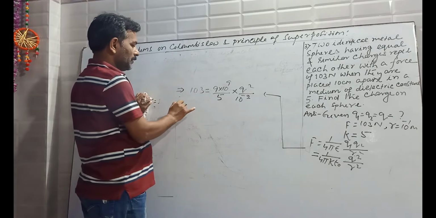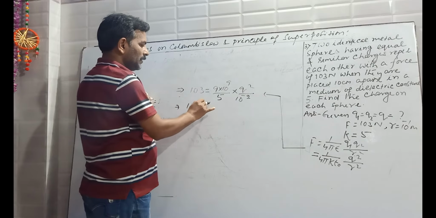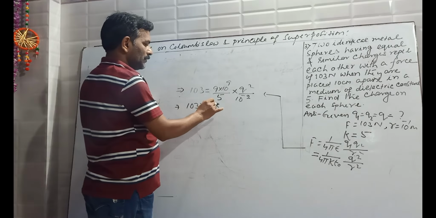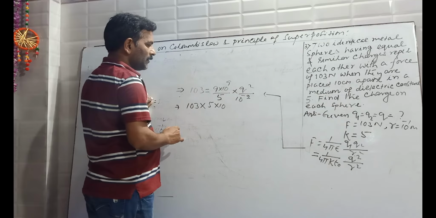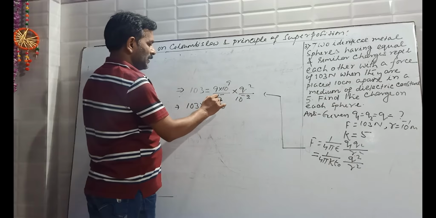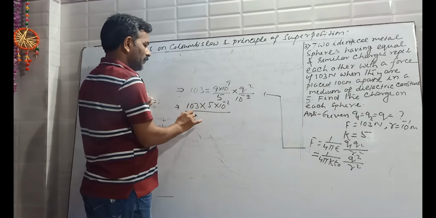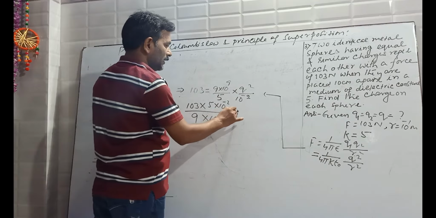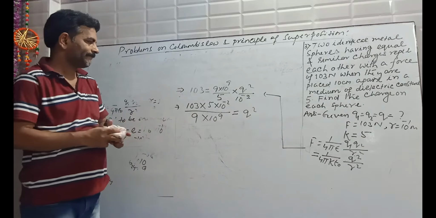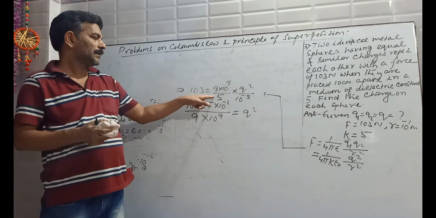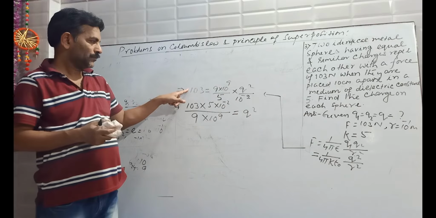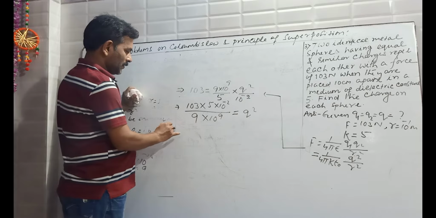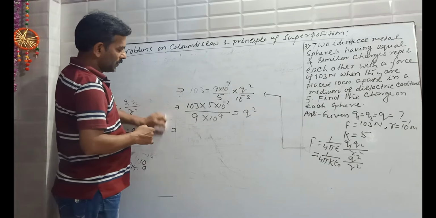Okay. Then 10^3 into 5 into 10 to the power minus 2 by 9 into 10 to the power 9 is equivalent to Q square. You just multiply 10^3 into 5 into 10 to the minus 2, by 9 into 10 to the power 9. So what you will get?